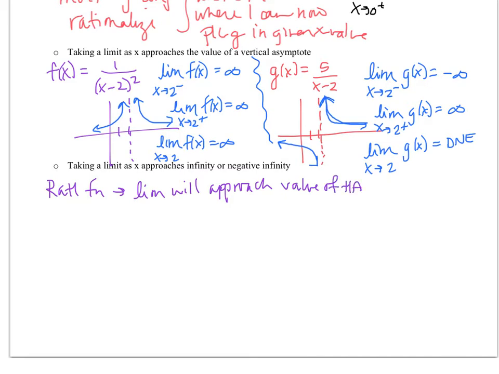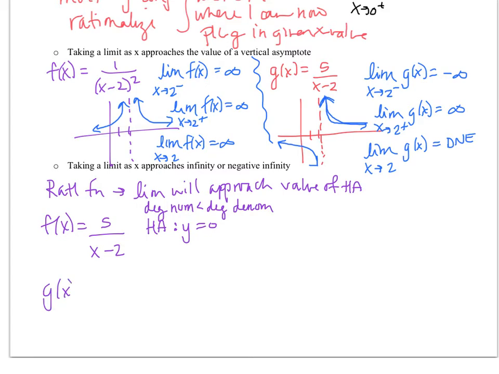And we find a horizontal asymptote by comparing the degrees of the numerator and the denominator. So for example, if my function looked like the one I saw above, 5 over x minus 2, since the degree of the numerator is less than the denominator, then my horizontal asymptote is automatically at y equals 0. That's if the degree of the numerator is less than the degree of the denominator.